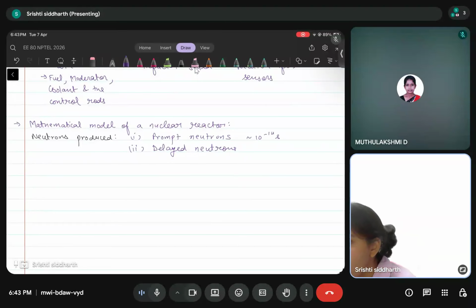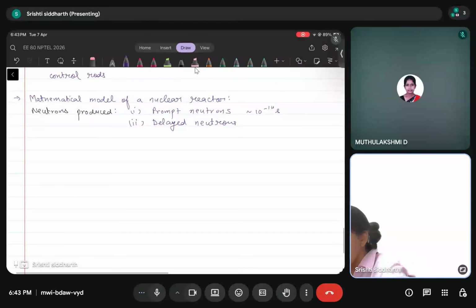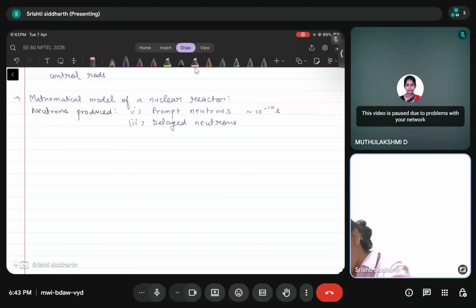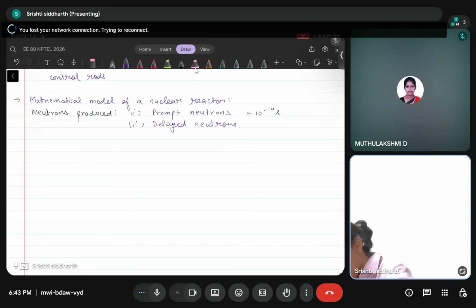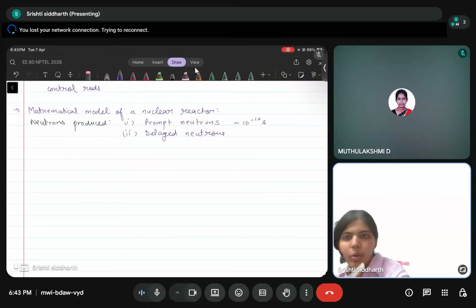And then the delayed neutrons are produced due to radioactive decay. So then these have a time delay. So the effective delay constant is lambda with the unit of second inverse. And then beta is the fraction of delayed neutrons.